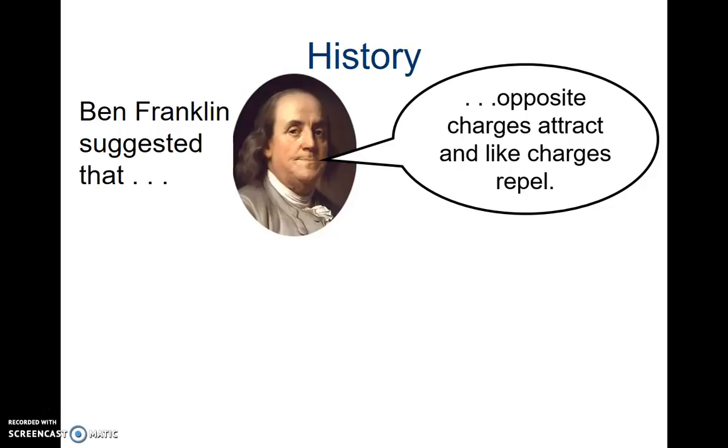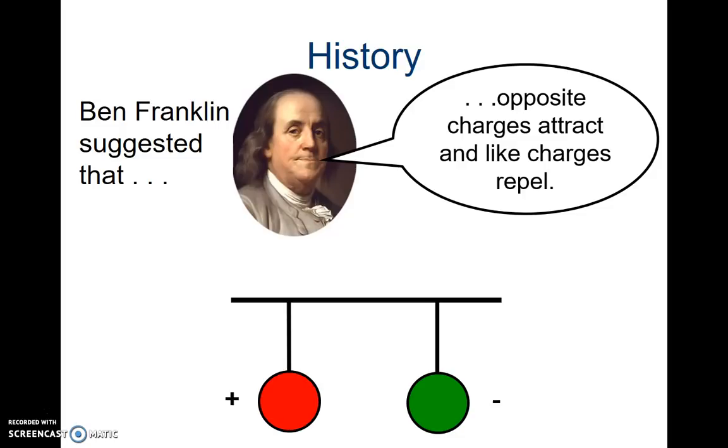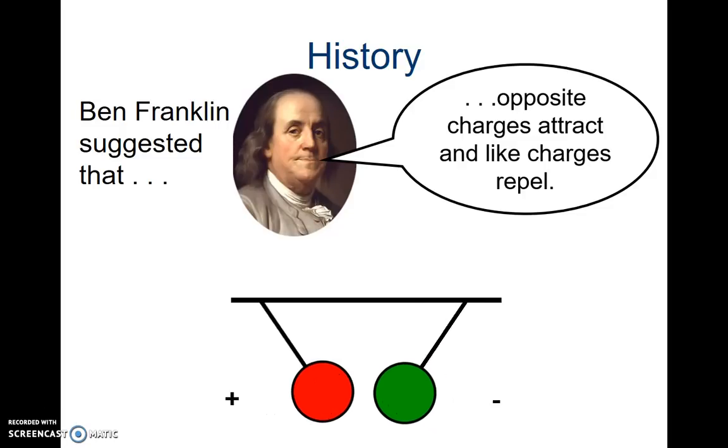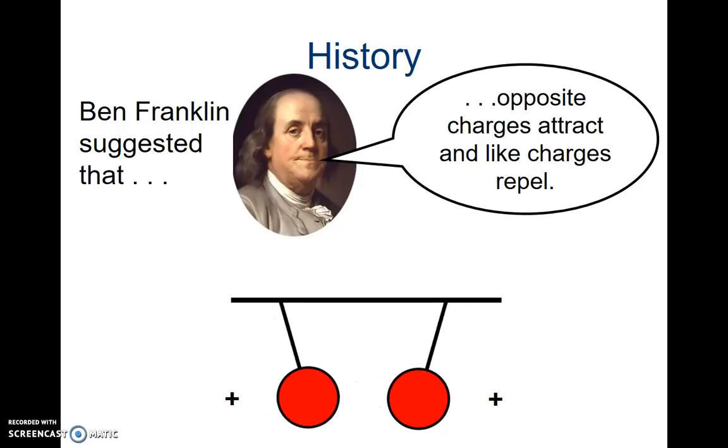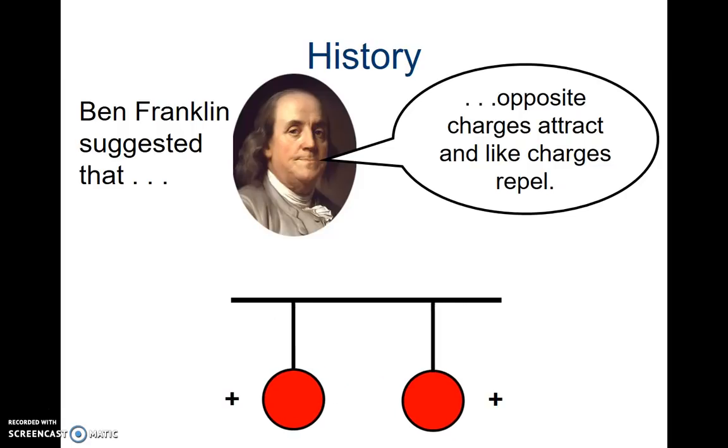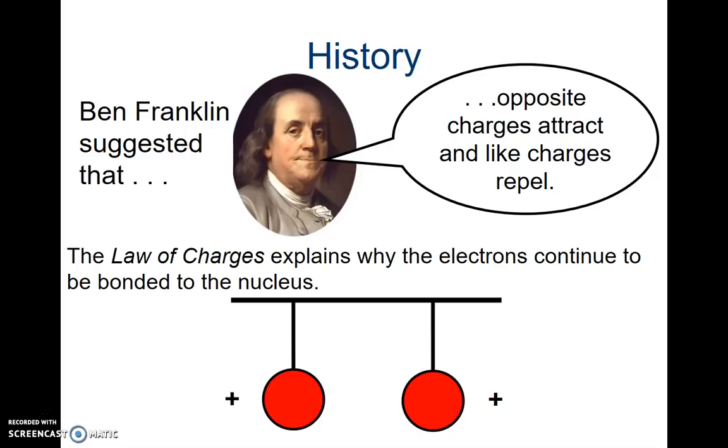And I'm going to say that opposite charges attract and like charges repel. So here's an example: opposites attract and likes repel. Now think for a second, what does that sound like? Well, if it sounds like magnets, you are exactly correct, and there's actually a good connection between magnets and electricity. Okay, so that's the law of charges.